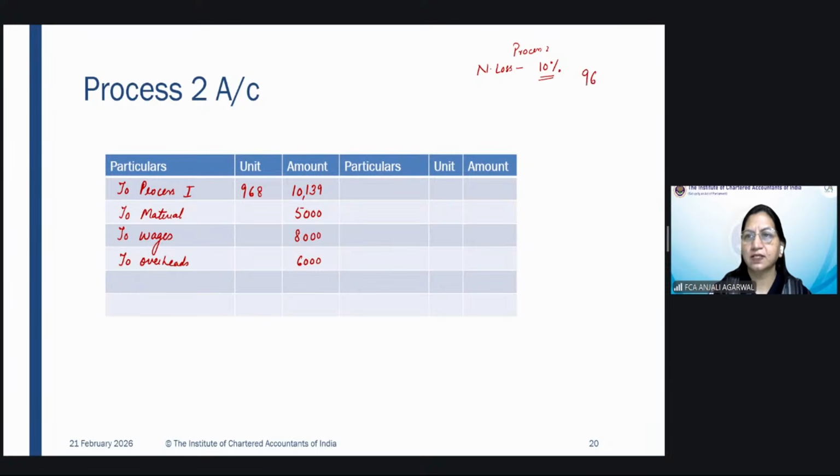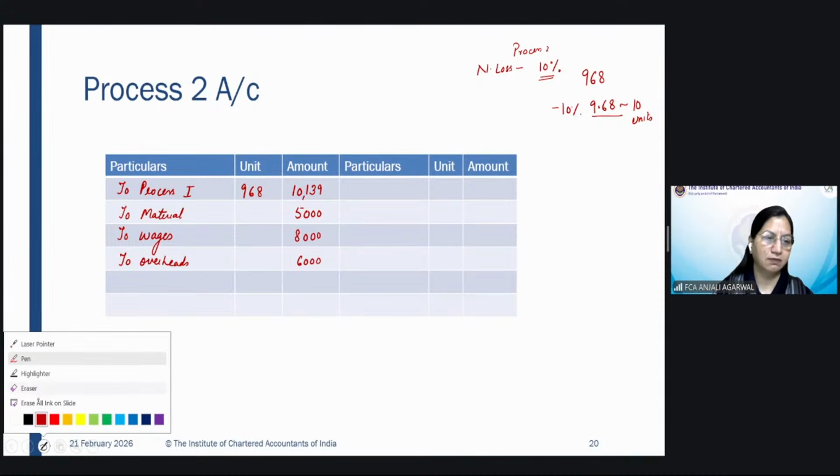So if 968 units are introduced in the process and there is a 10% loss, I assume 96.8 units to be lost. Practically, you will see that units cannot be broken.